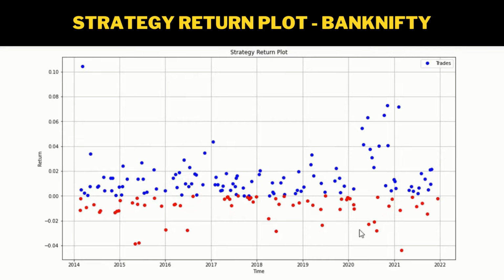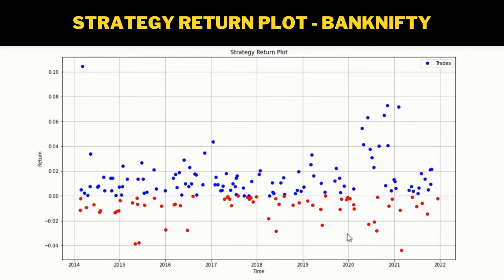The red dots are the negative returns, while the ones in blue are positive returns. If you remember, the maximum loss we incurred in a trade was minus 4%, and that can be seen here, while the trade that got us 10% profit can be seen here.